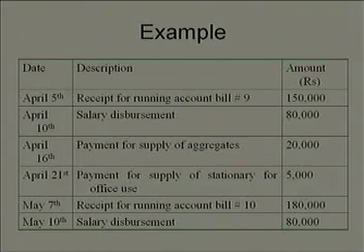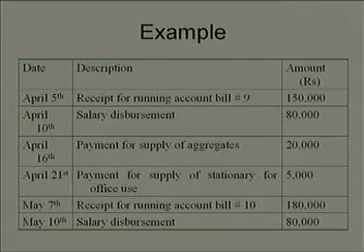right. Second transaction is on April 10th, salary disbursement. That means whatever employees are working for the construction company, they are being paid the salary, right, and this is amounting to rupees 80,000. On April 16th, the company has paid the supplier of aggregates.